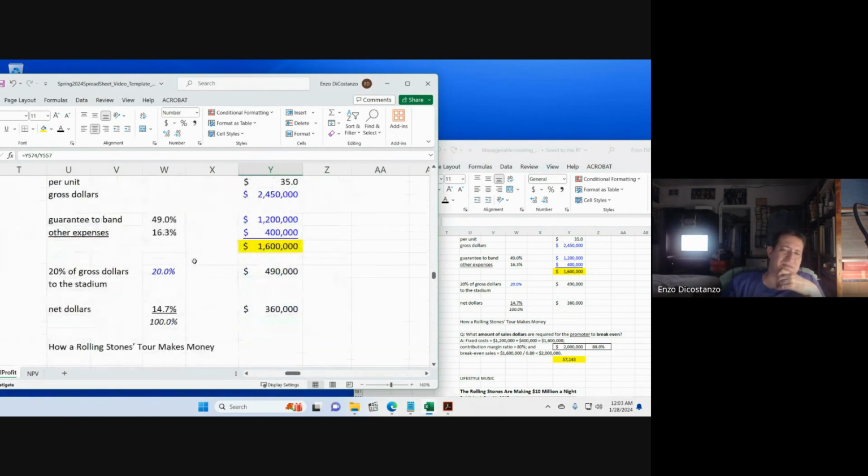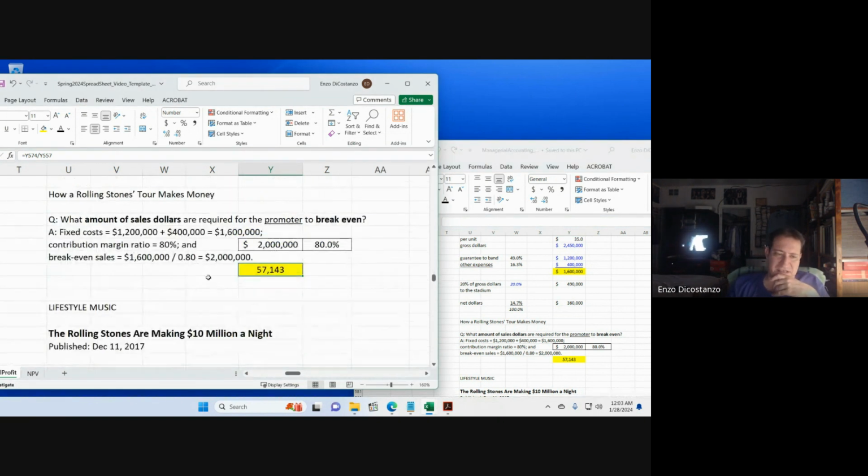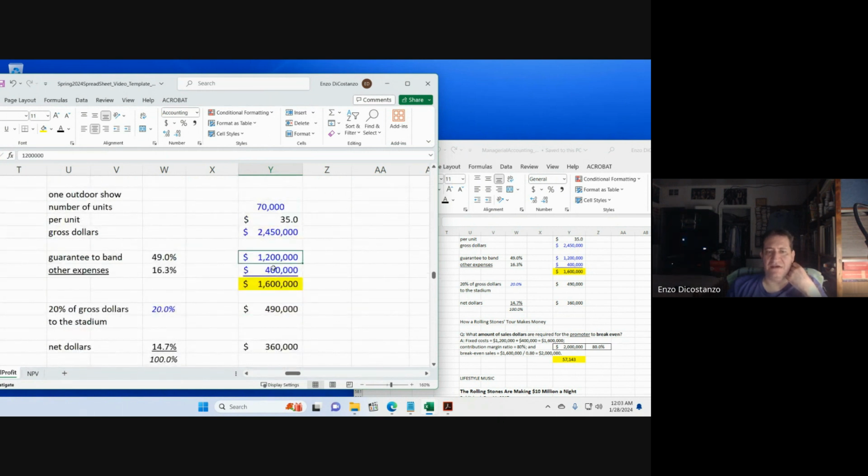So in terms of how many seats, the Yankees and all those types of people make these computations. But you have to sort through what the fixed cost is. You have to pay these numbers. The band is guaranteed the 1.2, and you have to pay these other expenses. So 2/3 of the dollars are already sort of accounted for, and then the rest is on its way to profits.